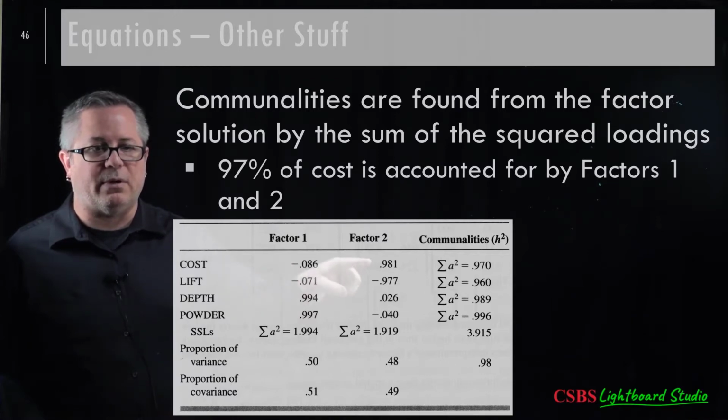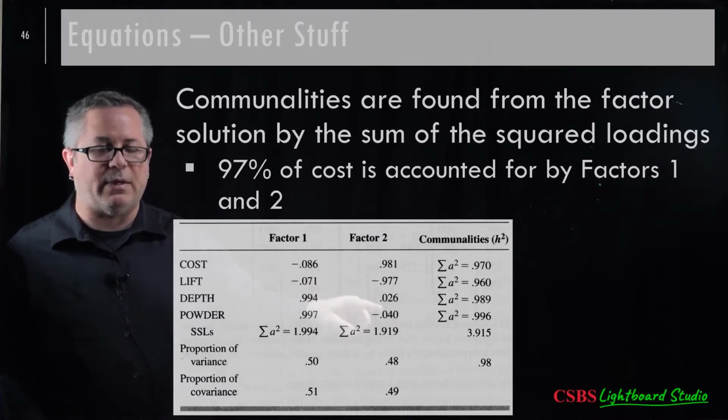Here, cost and lift are now very large and these are near zero, which means this is really a cost and lift, or resort, factor with very little depth and powder in it. So factor 1 really is about snow, and factor 2 is about the resort.